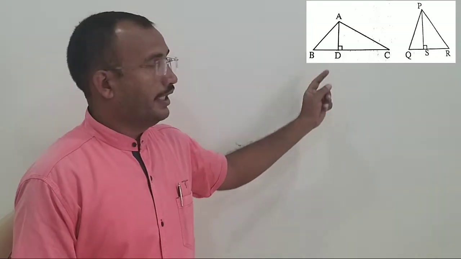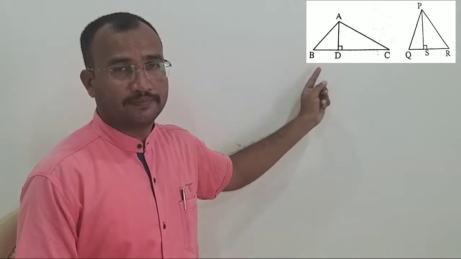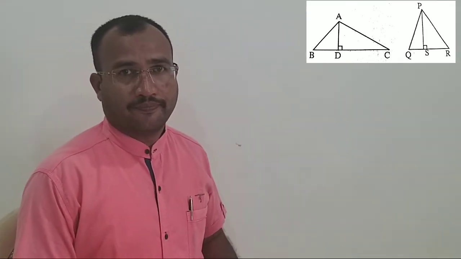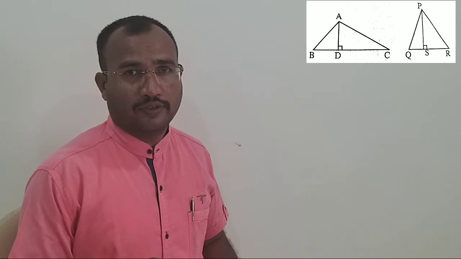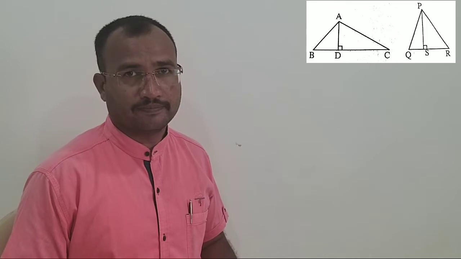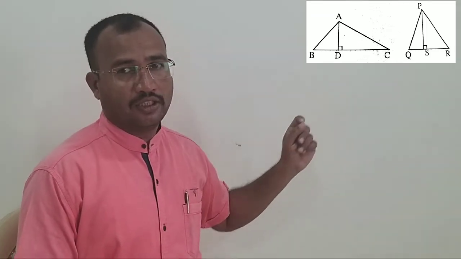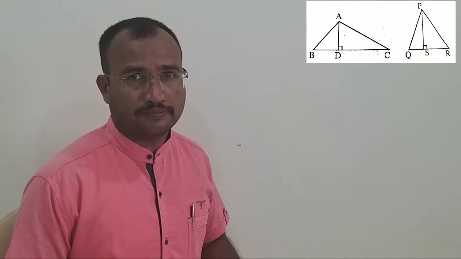First, we can draw the figure. Here, the two triangles we can draw. The name of the first triangle is ABC, and the name of the second triangle is PQR.